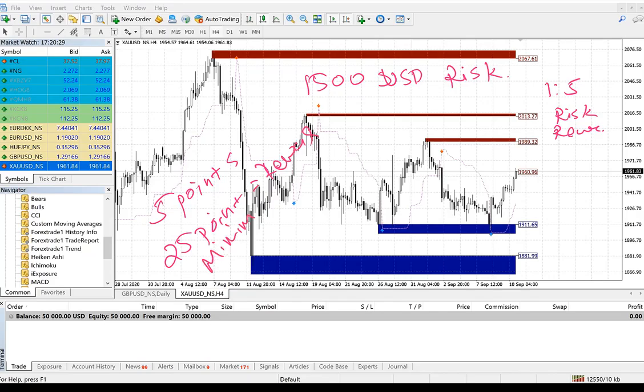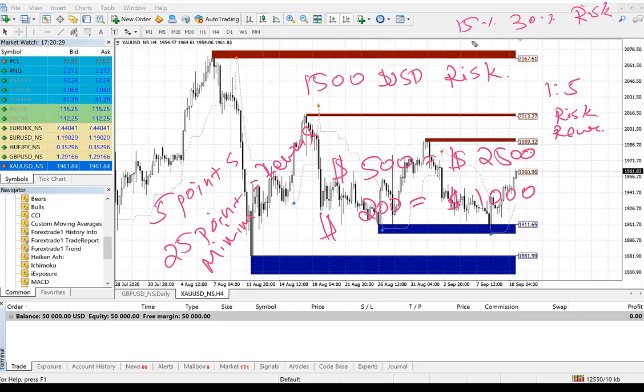So in that case, against 500 USD risk, our profit target is 2500 USD. Against the risk of 200 USD in GBP, our reward would be 1000 USD. So likewise, as we told you that with 15 to 30% risk, you can expect 100% to 600% ROI, which we had previously proven.